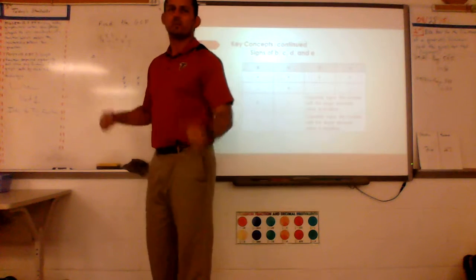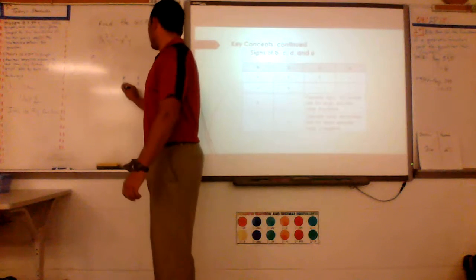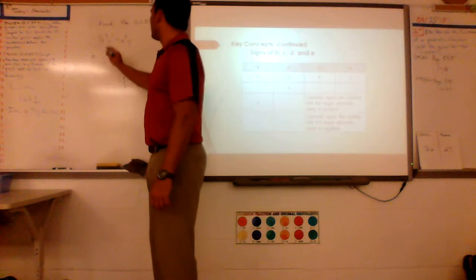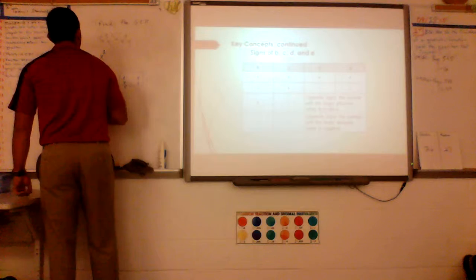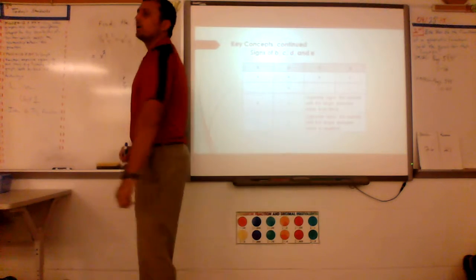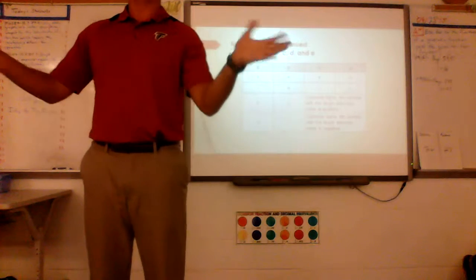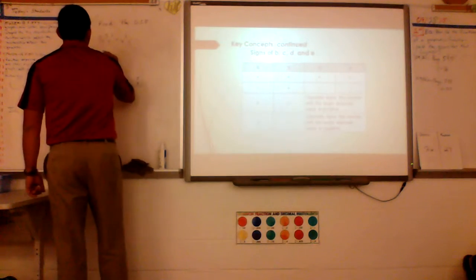How many do they share? You should have 2, right? So I can take an x squared out. What about my y's? This one has 2, this one has 1. What's the most they have in common? 1, right? So I take 1 out.